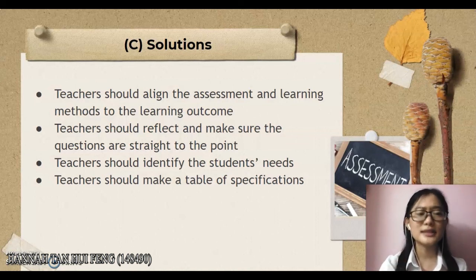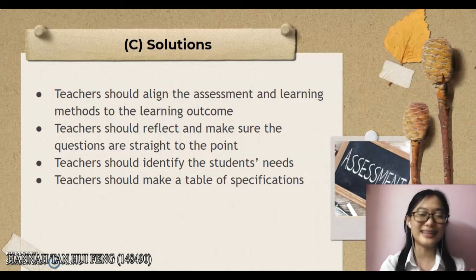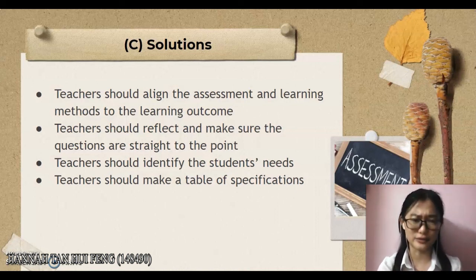And the teachers should reflect and make sure that their questions are straight to the point. This is so that the students do not misinterpret the questions, and they won't think that the question is so hard when it is actually the teacher's fault for choosing the wrong questions to ask the students.